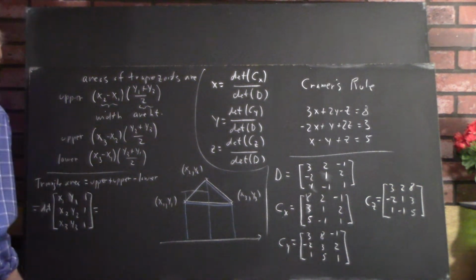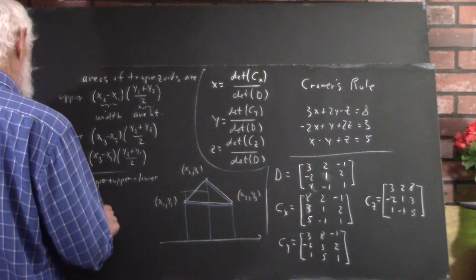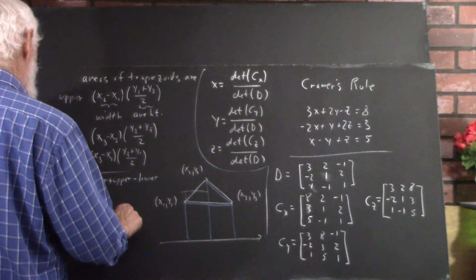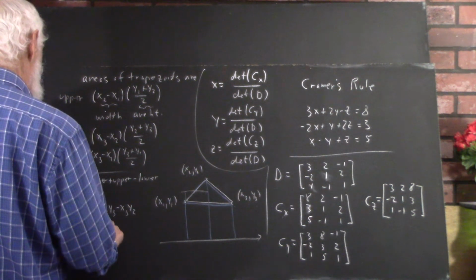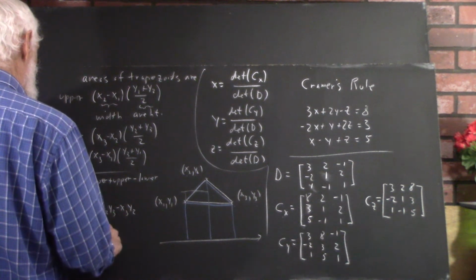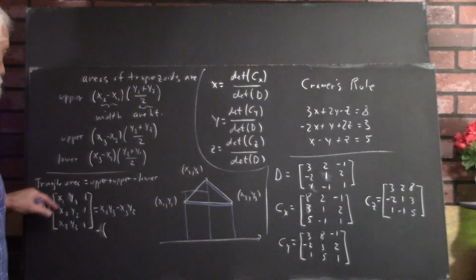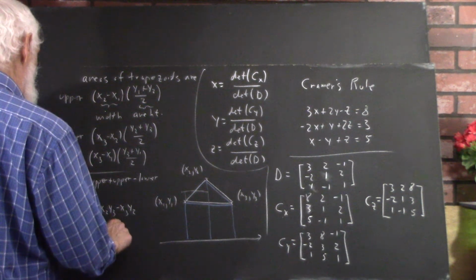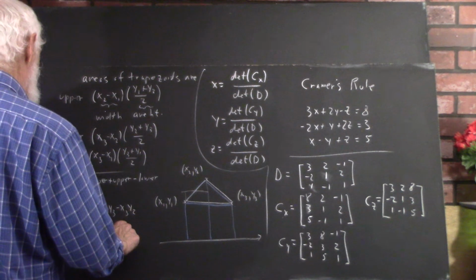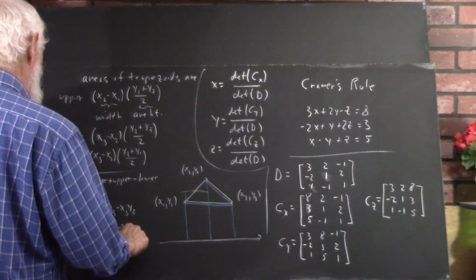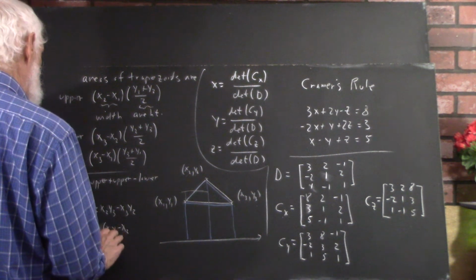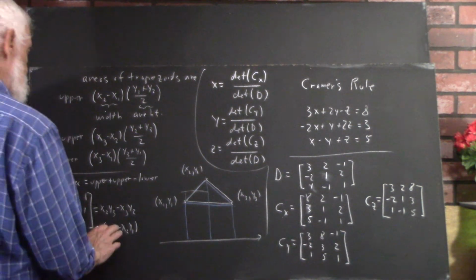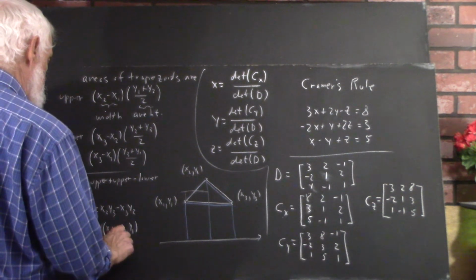if you want to write it out, okay, 1 times the determinant of this, 1 times the determinant of this, it'll be minus x1, y1, minus x2, x1, y2, minus x2, y1, and it's y3 and x3.